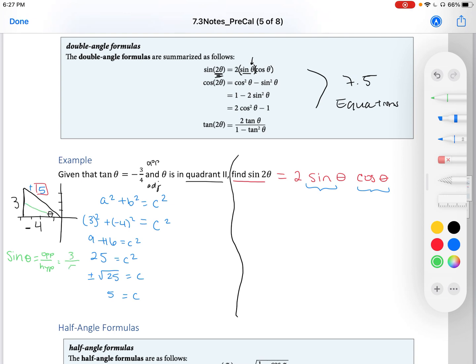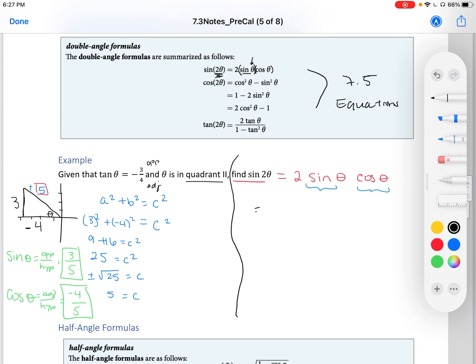The hypotenuse is 5. So I have 3 over 5. Cosine theta: cosine is adjacent over hypotenuse. The value that's adjacent would be negative 4, and the hypotenuse is 5. So I now have found the value of cosine and the value of sine.